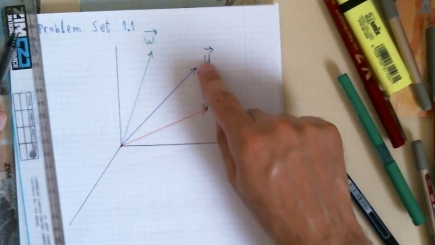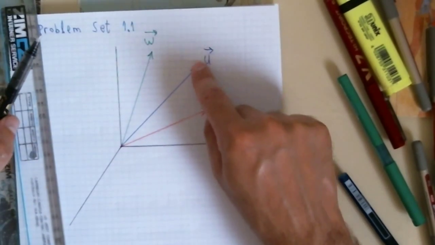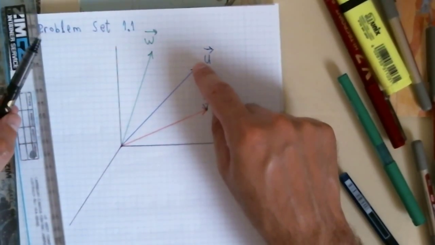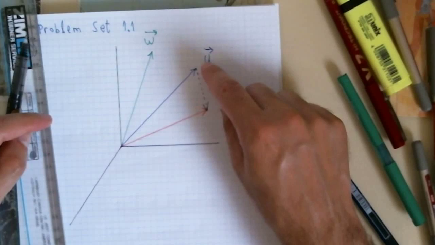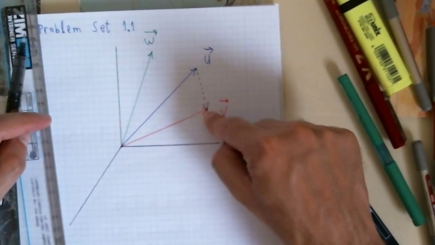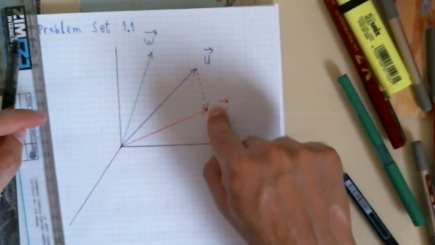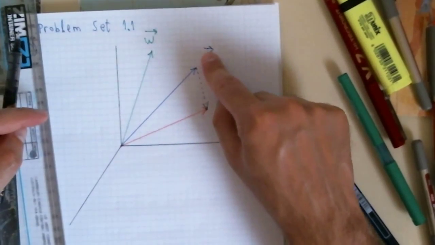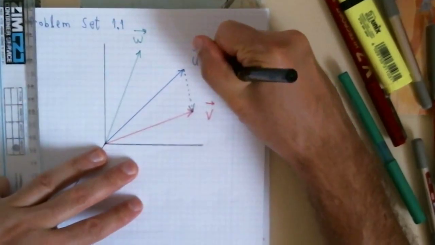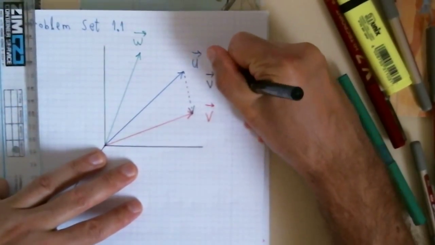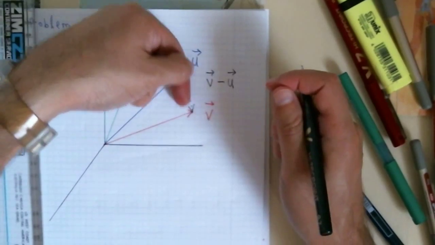It is the vector from, we went to this point is u, okay? And if we want to go to this point, this is minus u plus v, okay? So it's actually v minus u. So this is v minus u, this short arrow to here.